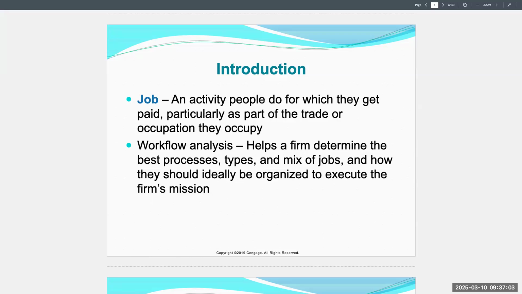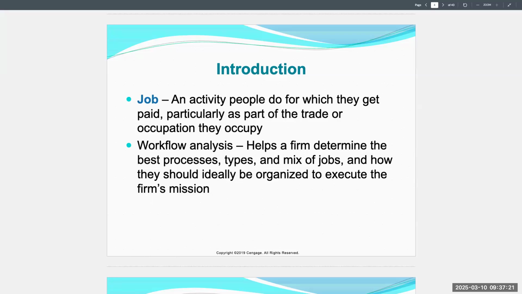So, for example, in a customer service department, workflow analysis helps determine how customer queries should be managed from the initial contact to issue resolution, right? So from the first step to the last step.